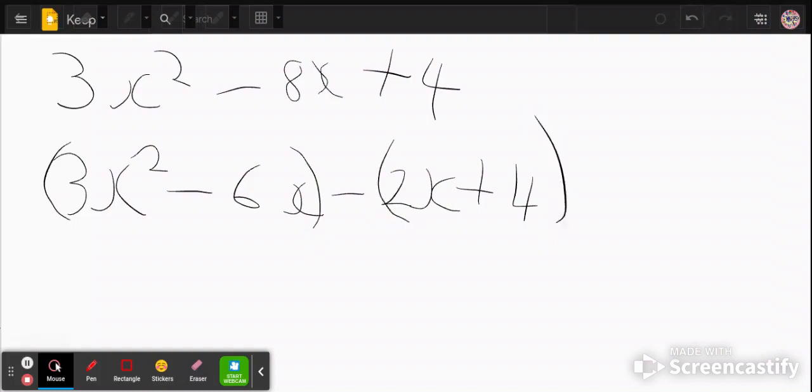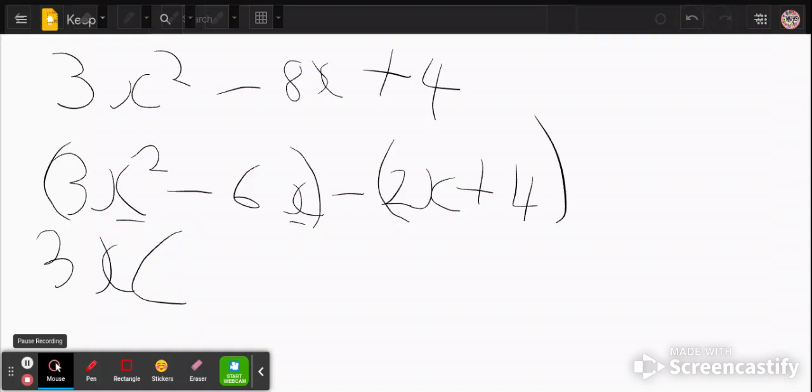So what is common to both 3x squared minus 6x? That will simply be 3x, right? Because 3 can go into itself and 6, and x as well. X can go into itself and x squared. So 3x is common, right?